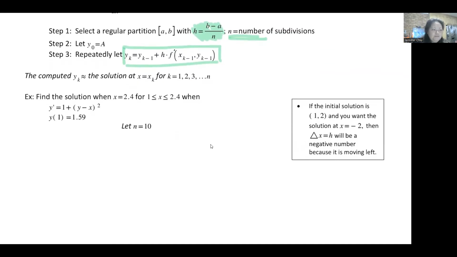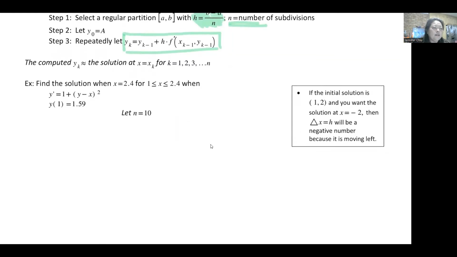So it says find the solution at x equals 2.4, for x between 1 and 2.4. The initial value given to you is x equals 1 and y equals 1.59. And here is your derivative. Sometimes it's a little easier to make a t-table to see what we're actually doing. We start at 1 and go all the way to 2.4.